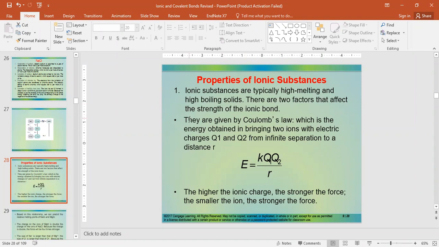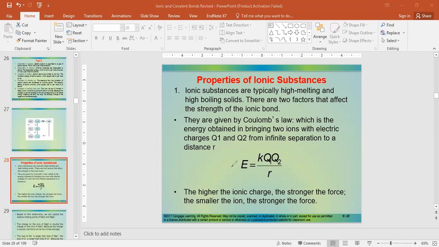And these factors are actually given by Coulomb's law, which is the energy obtained in bringing two ions with electric charges Q1 and Q2 from infinite separation to a distance R. Let me explain what is happening here. Let me pick my highlighter again.